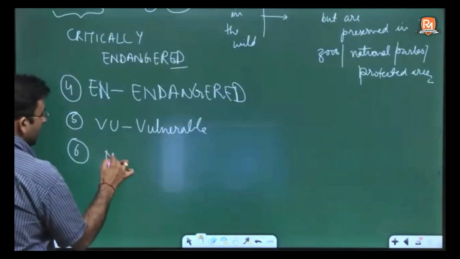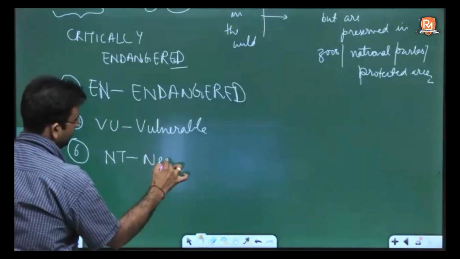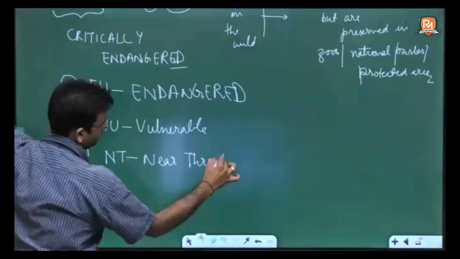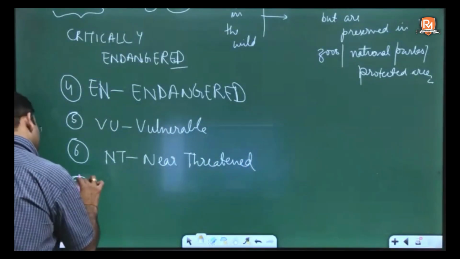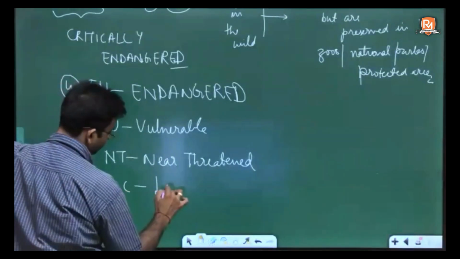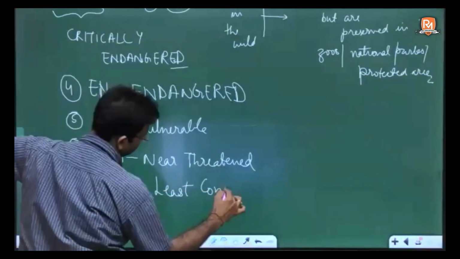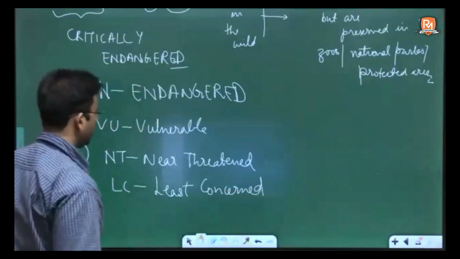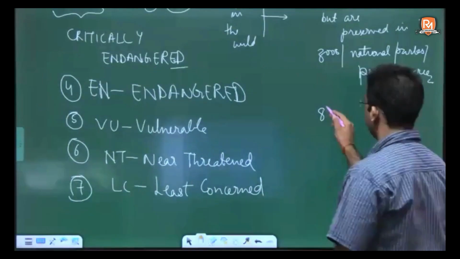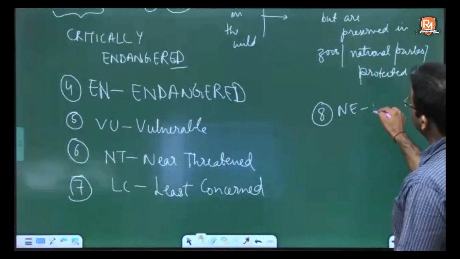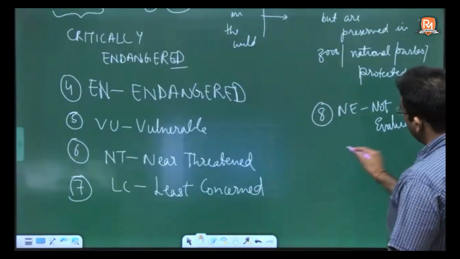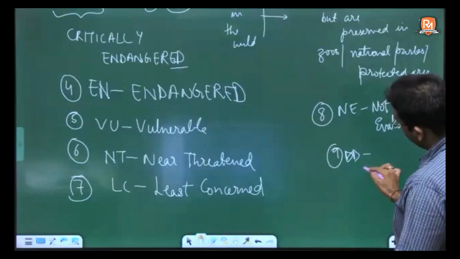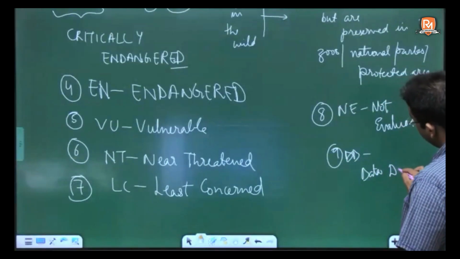Sixth, NT, near threatened. Seventh, LC, least concerned. Eighth, NE, not evaluated. And ninth, DD, data deficient.